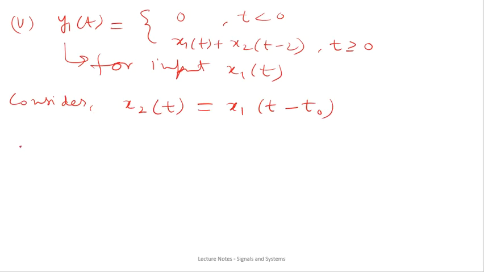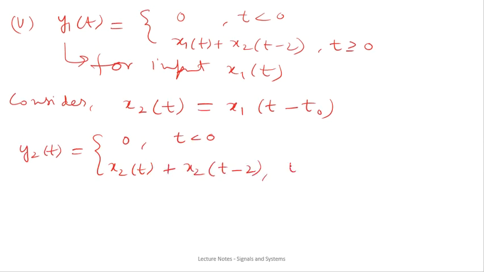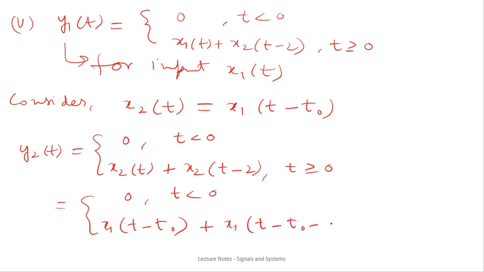So the corresponding output y2(t) will be x2(t) plus x2(t minus 2). If you put the value of x2(t), it will be x1(t minus t0) plus x1(t minus t0 minus 2), for t greater than or equal to 0.